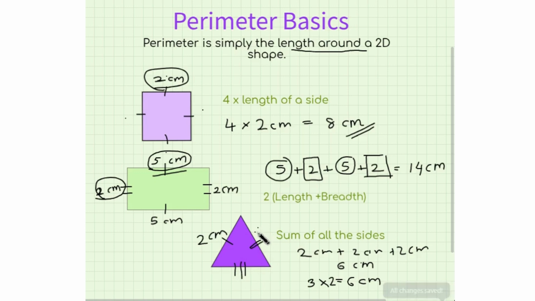Let's say this is 1 centimeter and this is 3 centimeters. Then you will have to do 2 plus 3 plus 1. Okay, so that's the basics of perimeter for square, rectangle and a triangle.